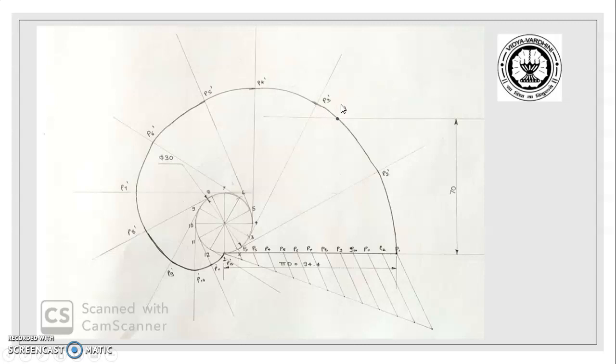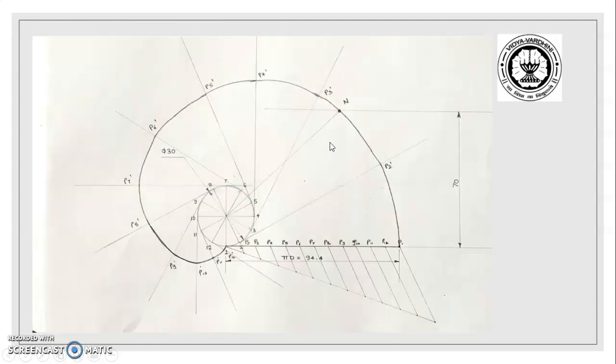The next step will be to connect N to the center point of the circle in this manner. Next step will be to divide this ON by a bisector line.